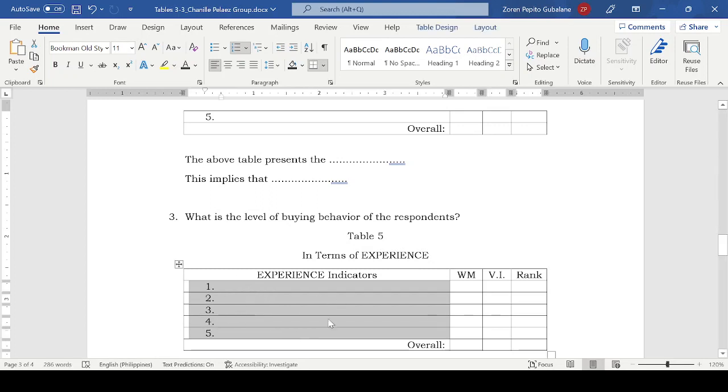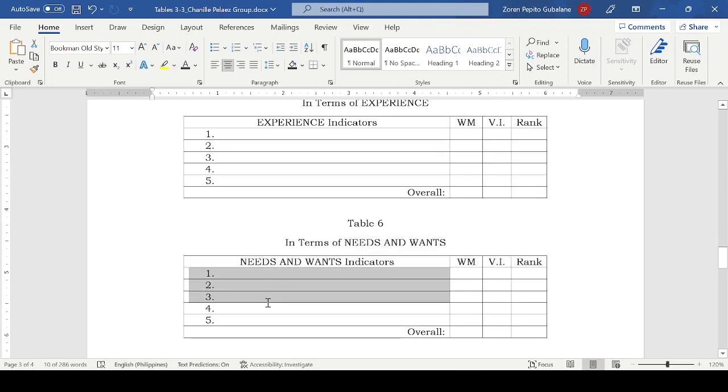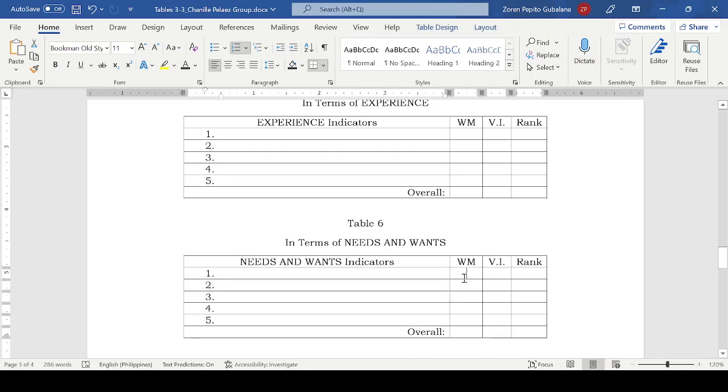Copy and paste here, and then compute the overall weighted mean. Copy and paste there the verbal interpretation such as strongly disagree, agree, and all that, and all the rankings here. Another variable is in terms of needs and wants. So the same procedure here: weighted mean, verbal interpretation, and ranking.